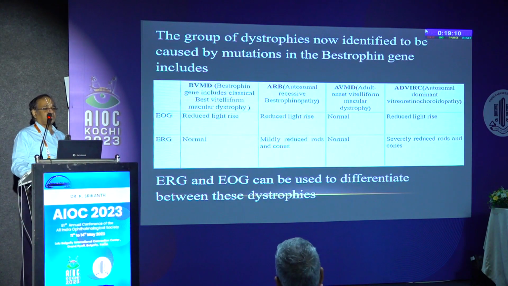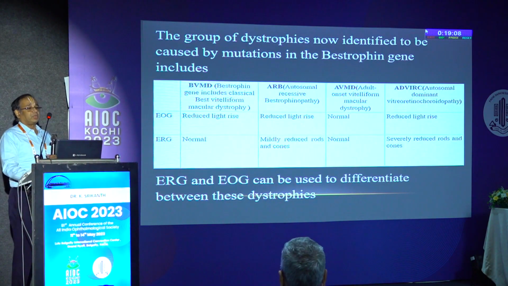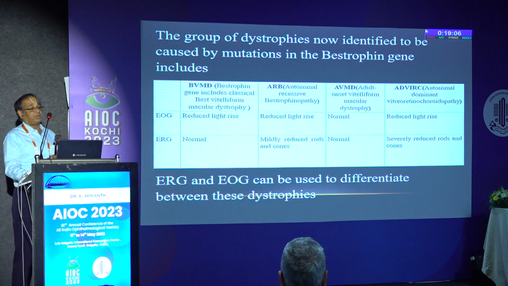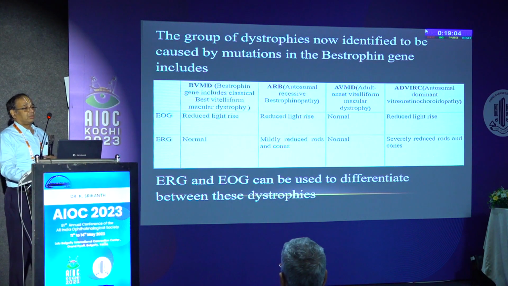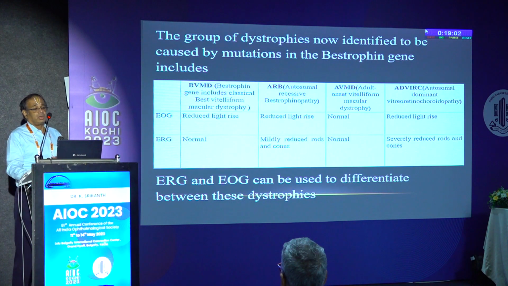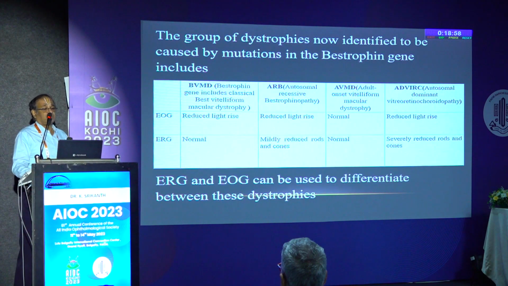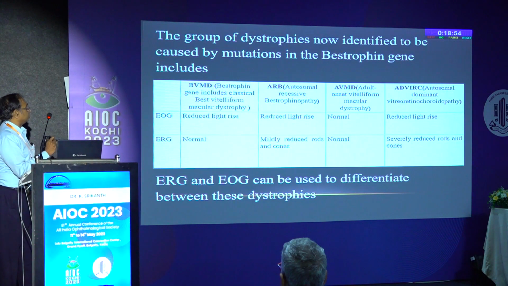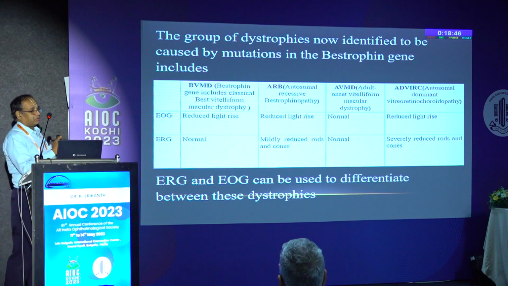So you can see the difference where the ERG may be normal, but the EOG may be abnormal. So this is what you can see in this. Reduced EOG, ERG is normal. Used in macular dystrophy, Best macular dystrophy.